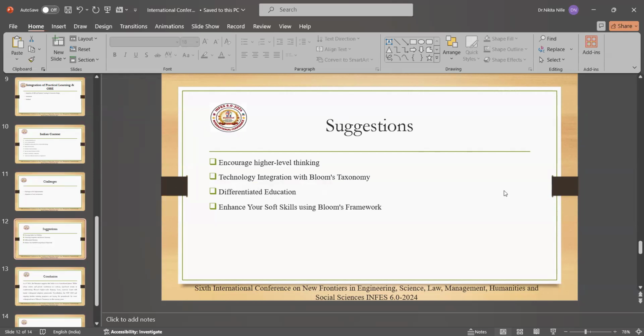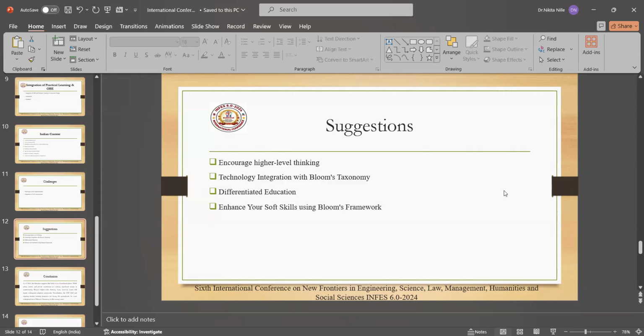Talking about the suggestions, higher level thinking is one of the suggestions which a researcher would like to give, encouraging higher level thinking. Encouraging is the word I would like to attach with higher level thinking, because students generally have creativity or thinking capability, but encouraging them to think out of the box is what is required.